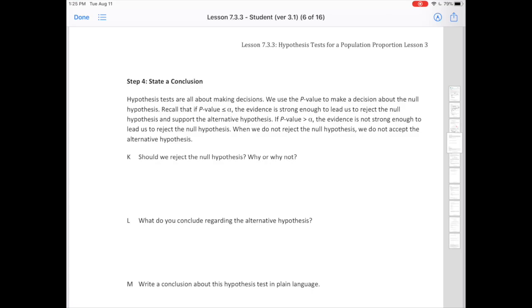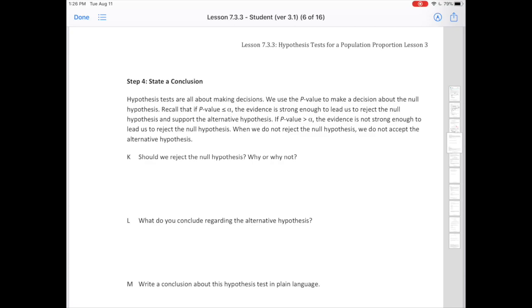If the p-value is greater than alpha, the evidence is not strong enough to lead us to reject the null hypothesis. When we do not reject the null hypothesis, we do not accept the alternative. So, again, you only accept the alternative when you reject the null. If you do not reject the null, that means you don't accept the alternative.